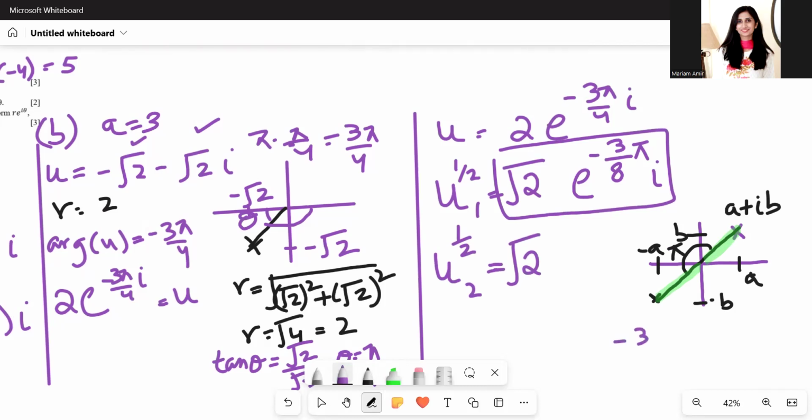So add pi to the angle, which gives, when we add pi to it, 5 by 8. So the second square root of u will have the same modulus as the first square root of u, but its argument is going to be plus pi more, so 5 by 8 pi iota. This is the second square root.